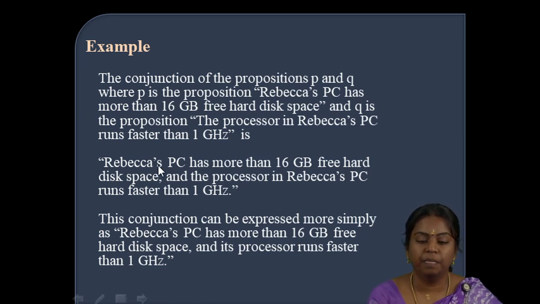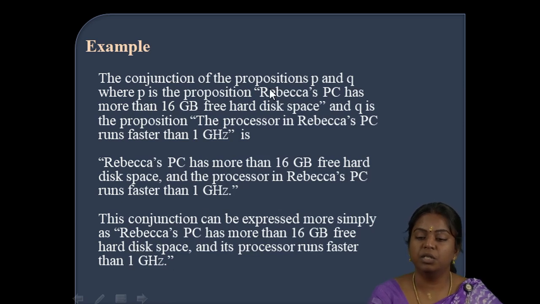That is, Rebecca's PC has more than 16 GB free hard disk space and the processor in Rebecca's PC runs faster than 1 gigahertz. This conjunction can be expressed more simply as: Rebecca's PC has more than 16 GB free hard disk space and its processor runs faster than 1 gigahertz.